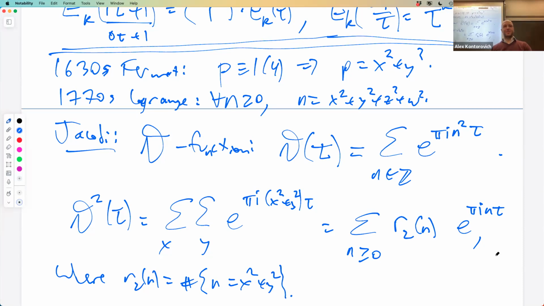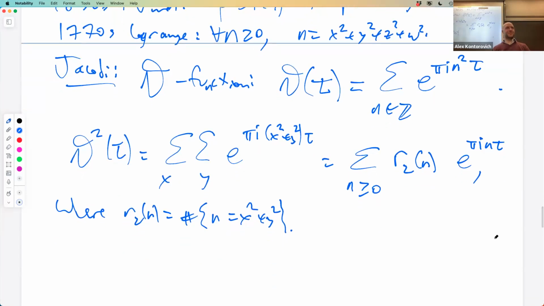Everybody see that? Everything else will cancel. There is nothing else. Anytime you get, we're adding up all the possible contributions. Like, how do I get an e to the pi i times 5 tau? How many times will it occur?